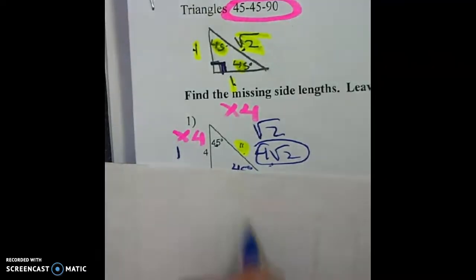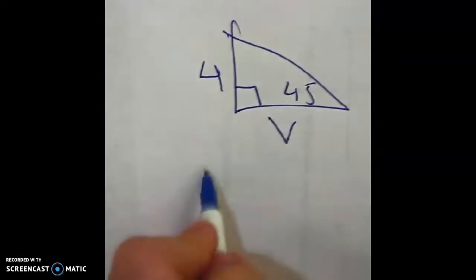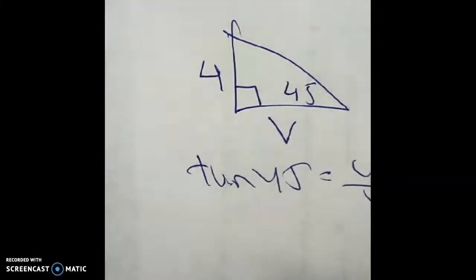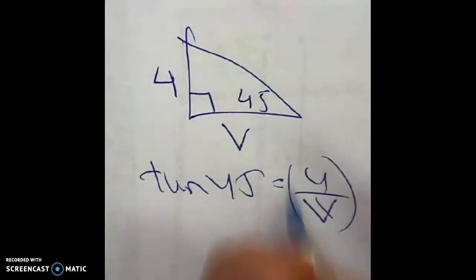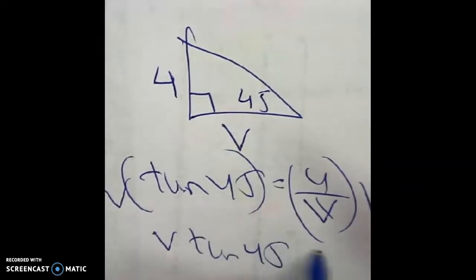Now I want to show you, if I really wanted to, a different way. This was 45. Sorry. I could go like this. Tan of 45 equals 4 over v. Let me move this over a little bit. Multiply both sides by v. V tan 45 equals 4.